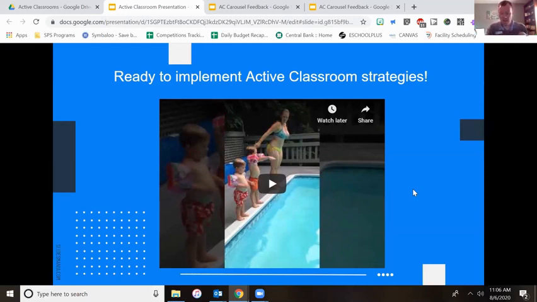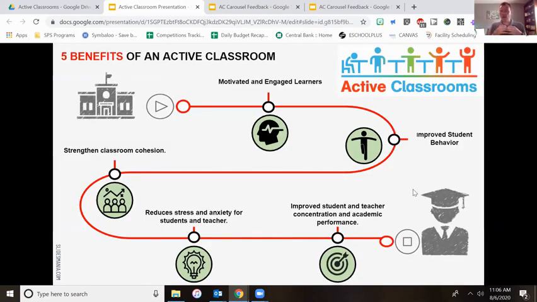And so I think the important thing is when you try to implement some of these active classroom strategies, if you are any of the 3 divers, if you jump in to try some of these things, you will have these 5 benefits of an active classroom. You're going to have motivated and engaged learners. You're going to see improved student behavior. You're going to have stronger class cohesion. You're going to be reducing the stress and anxiety of your students and yourself if you're participating, because we know that movement does that.